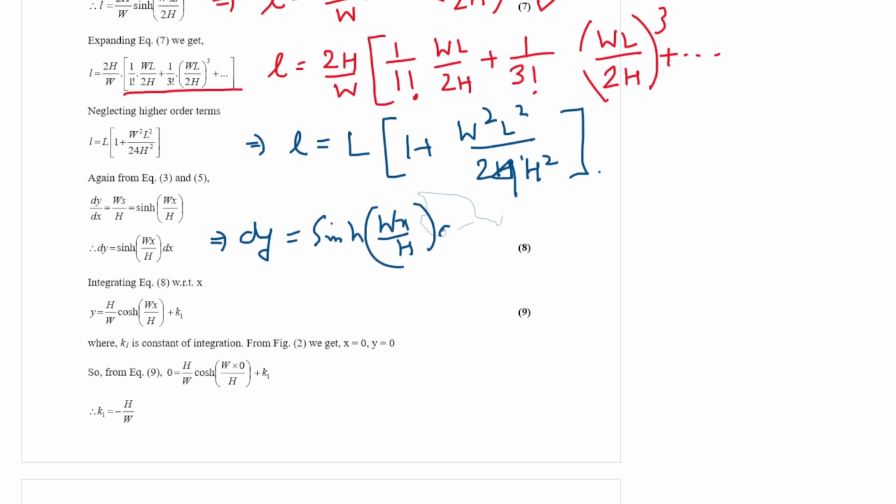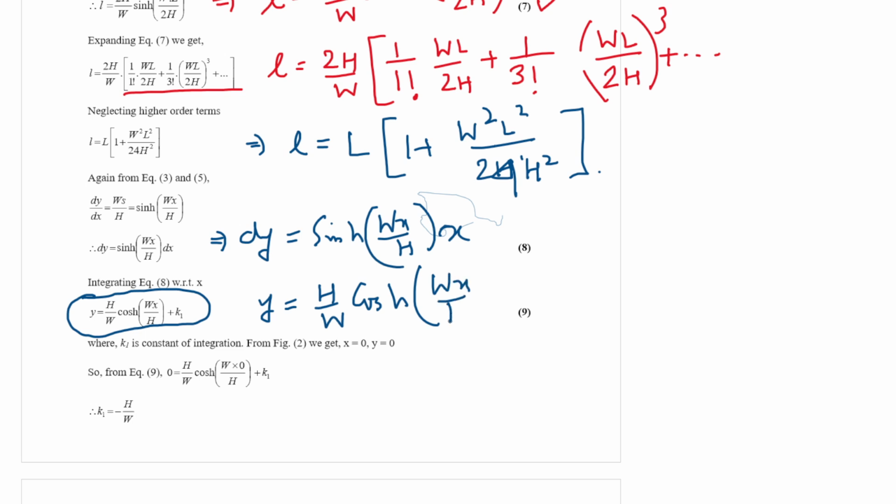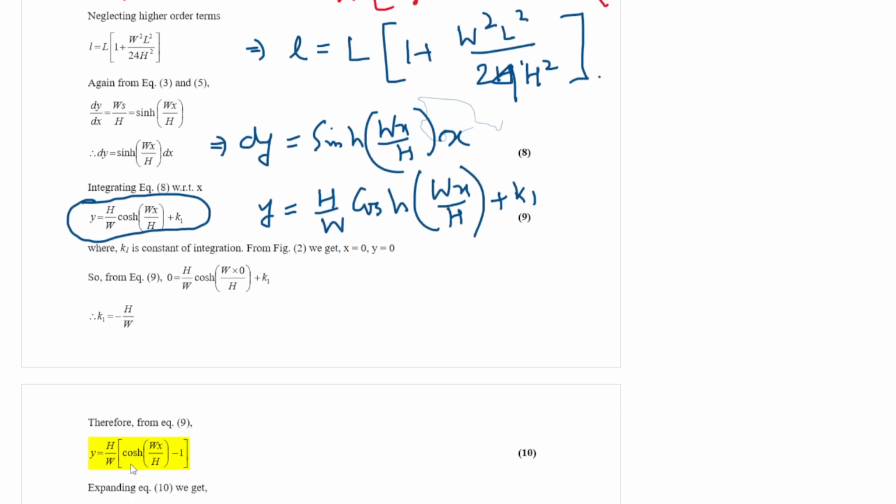So now if we integrate equation 8, we shall get a solution of this. y is equal to h by w cos hyperbolic wx by h plus k1, where k1 is the constant of integration. Now how do we get it? We get it by putting x is equal to 0 at y is equal to 0.